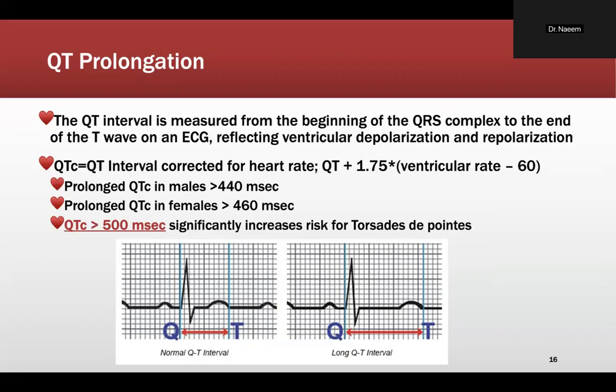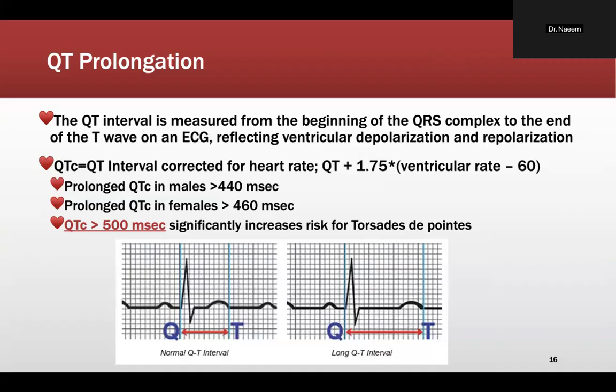You do not have to calculate what the QTC will be for the exam. You will not have to memorize this or be accountable for this just because it's not clinically useful. It's not something that we commonly do. EKG reports just straight tell you what the QTC is, so you won't have to worry about that.